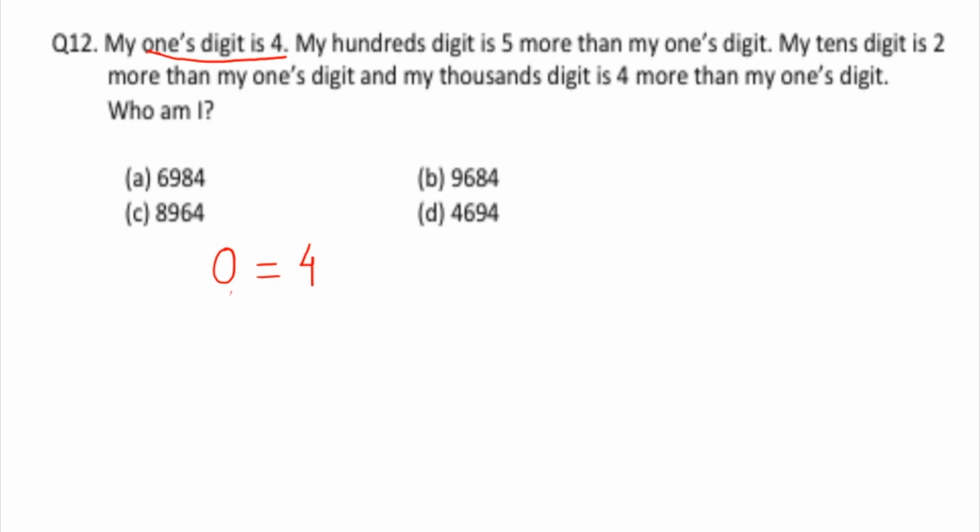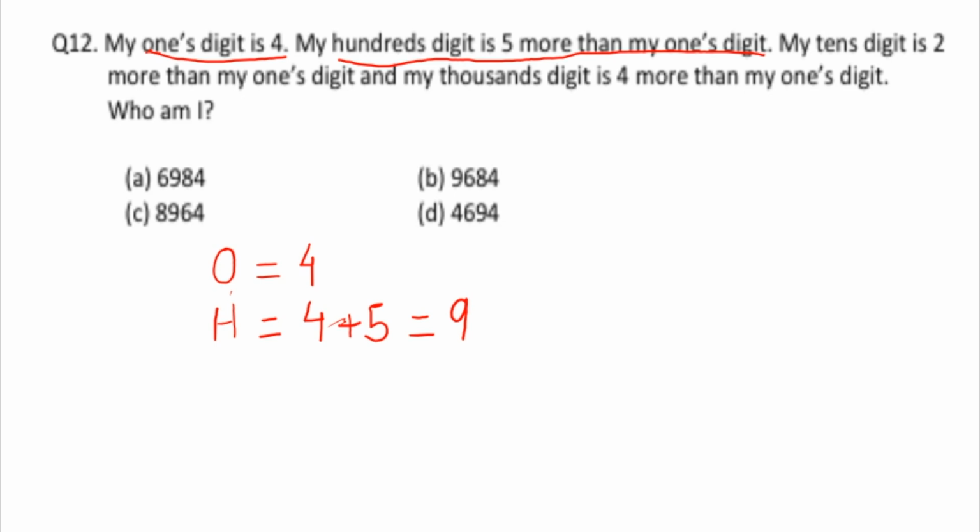My hundredth digit is 5 more than my ones digit. So if we add, 5 plus 4 gives us 9. So its hundreds digit is 9.